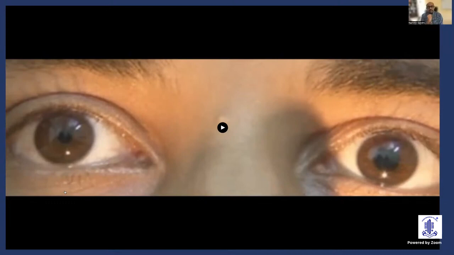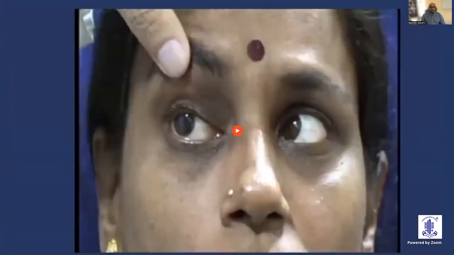So apart from RAPD and the swinging flashlight test, we must be aware of anisocoria and should be looking at it in patients, especially those who have trauma, third nerve palsy or headaches. And the next step when we see a patient with anisocoria would be to examine the anisocoria in a dim and a bright environment.